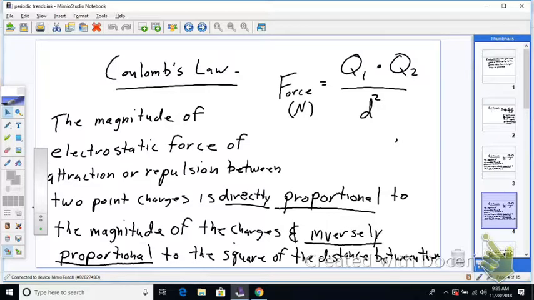It says the magnitude or the force of the attraction or repulsion between 2 points, like an electron and a proton, like a cation and anion charged atoms, are directly proportional to their charges, meaning if they get bigger, force gets bigger, and inversely proportional to the distance squared, because as the distance increases, then force would decrease, and vice versa. If it gets smaller, then force would get bigger. So that's an inverse relationship.